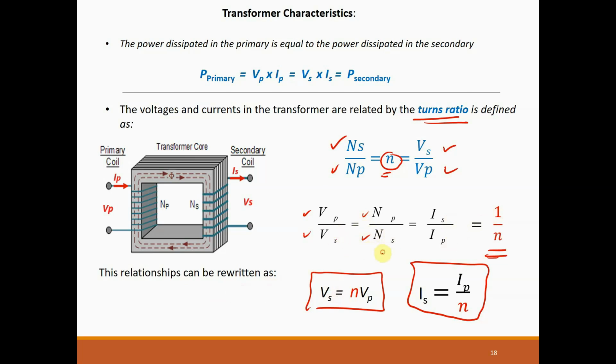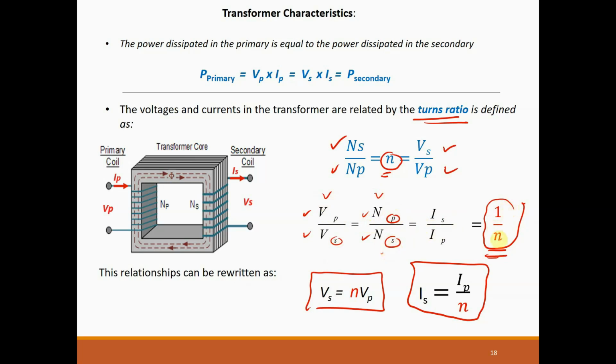So, to simplify, for you to easily remember, BP over BS, the turn ratio is primary divided by the secondary, you will have the reciprocal 1 over N. For the voltage and the number of turns, the primary are both in the numerator and the secondary side are the denominator.